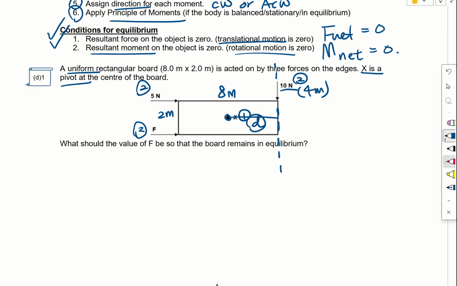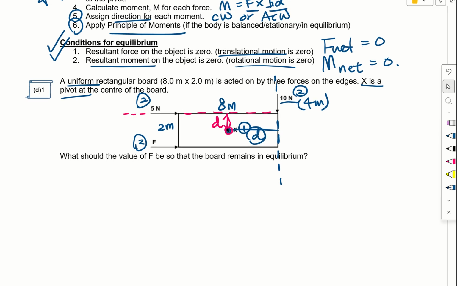Okay, so I'm going to do the perpendicular distance for the 5 Newton now. First, you extend the force front and back to have its line of action. As you can see, the pink dotted line is the line of action of the force and the pivot is over here, so this will be the perpendicular distance. Like I said, step 3 is actually the most difficult.